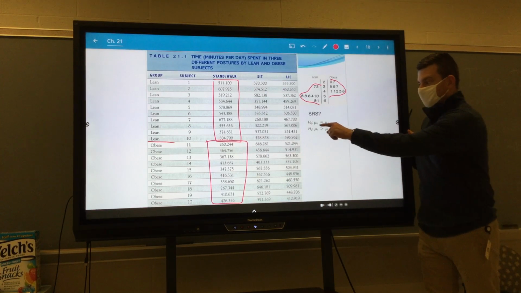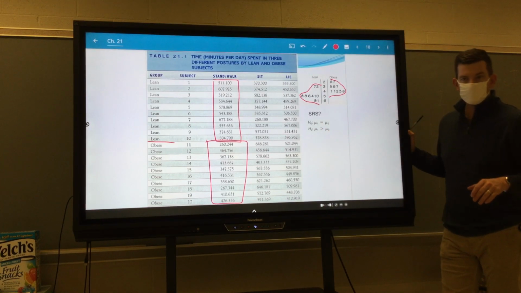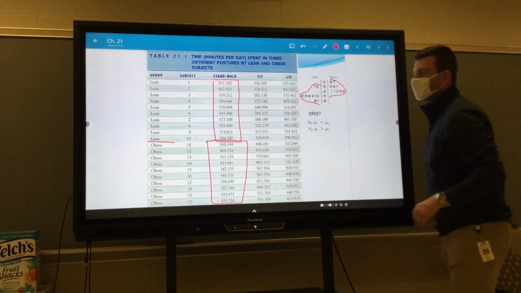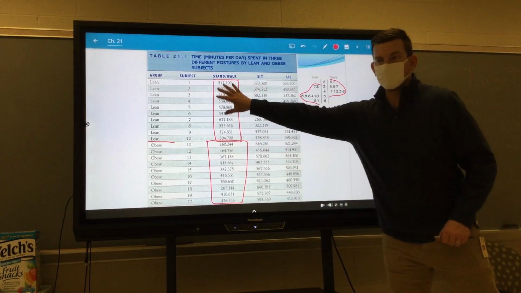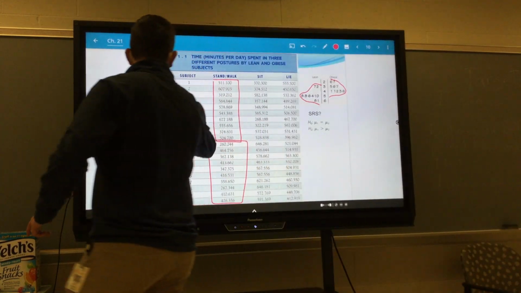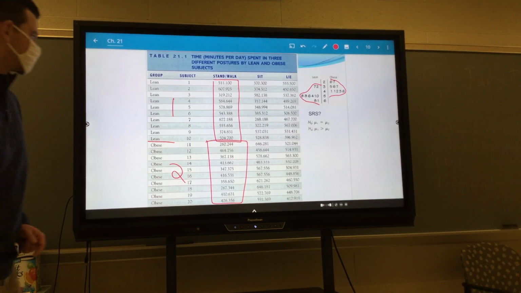The null hypothesis is that mu1 equals mu2. That the average amount of time spent standing and walking is the same for the lean group and the obese group. Remember, this is sample 1, this is sample 2.